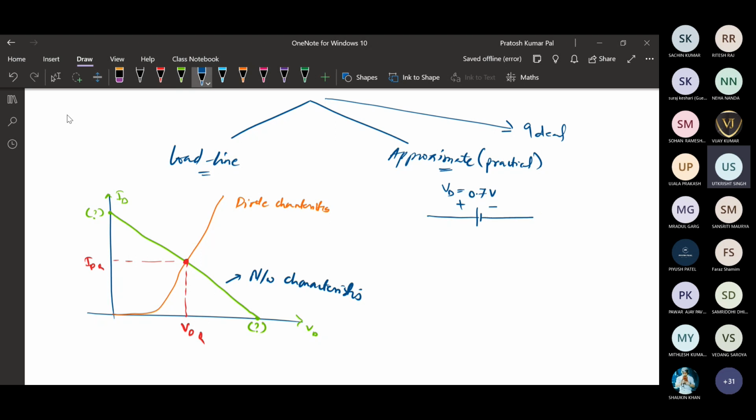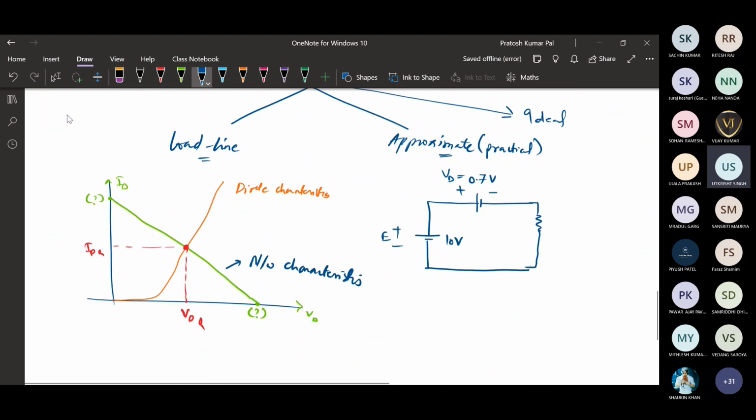This will be the equivalent circuit. So this is 10 volt, this is 7 volt, and this will be the resistance. Whatever resistance is there, that is 0.5, and the voltage across this resistor will be your V output.